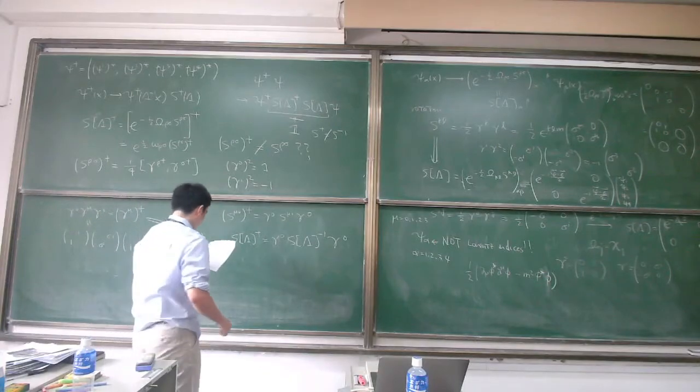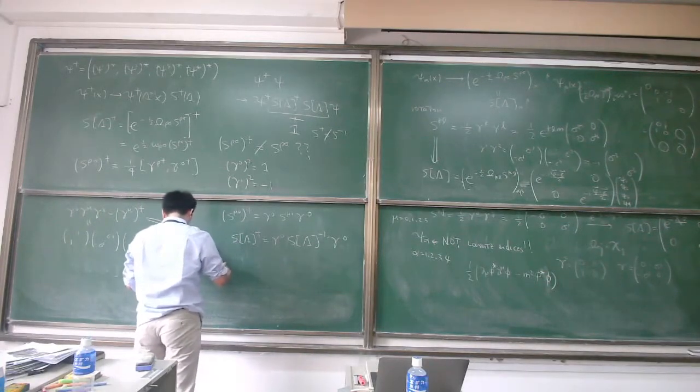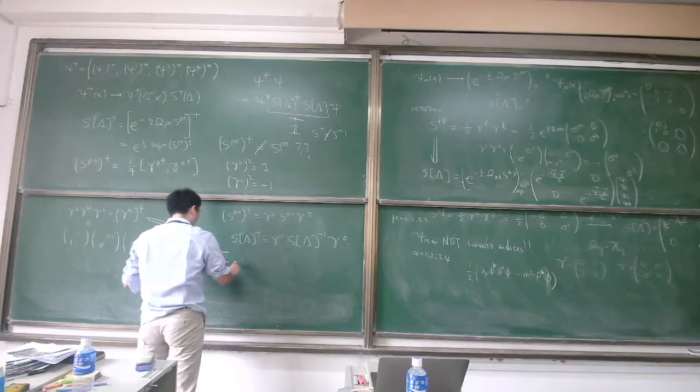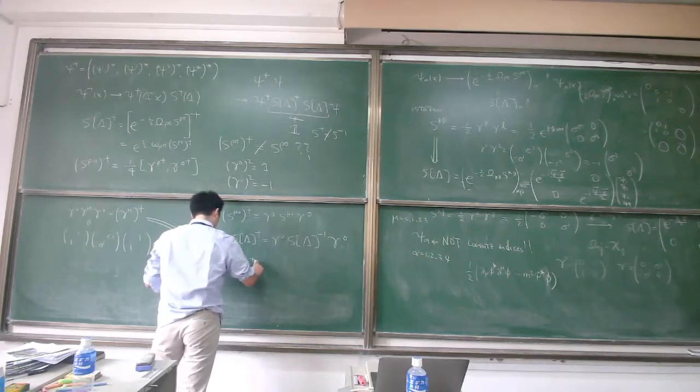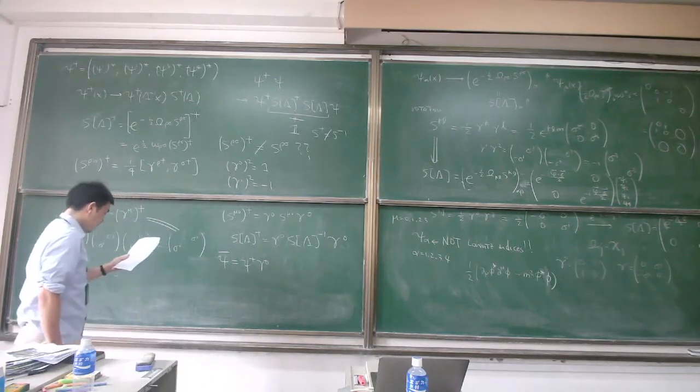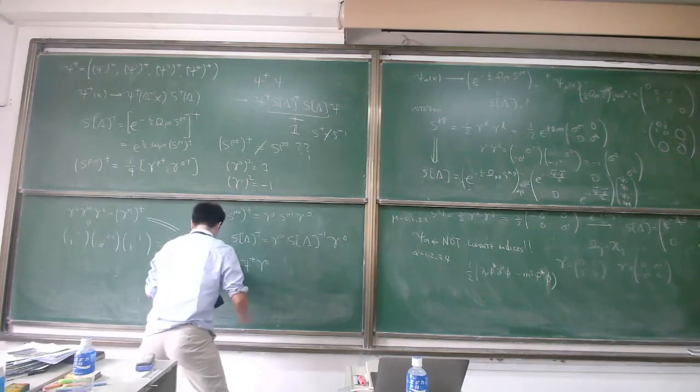So if you define psi bar as psi dagger gamma 0, then this is transformed as follows.